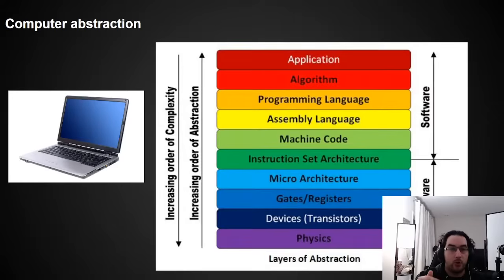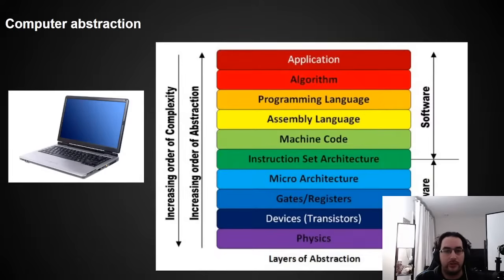Then you get to your programming language, your algorithms, your applications, right? It's progressively more complicated, but also more abstract. If you're writing Python, you don't need to know what the bare metal is doing necessarily. You can just write Python code and have no idea how a computer actually works. I don't recommend it. You're not going to be a very good programmer, but it is possible.